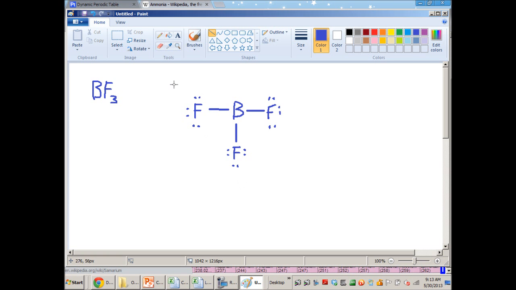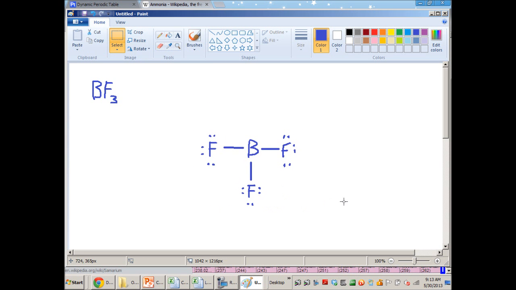We'll do some work with this molecule in a second, but I would guess that in real life, if I had a solution of this stuff in water or something, the fact that this thing can accept electrons because it could add 2 more would actually make it what's called a Lewis acid. It could be an electron acceptor. So you might see temporary bonds from things that have lone pairs donating an electron pair to this boron. And I believe boron trifluoride is actually used as a Lewis acid a lot for that reason.